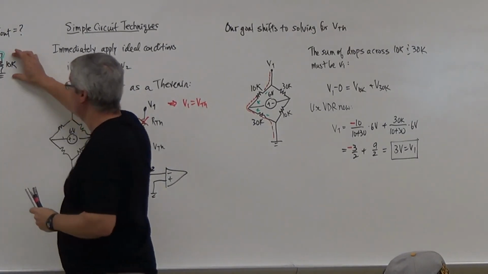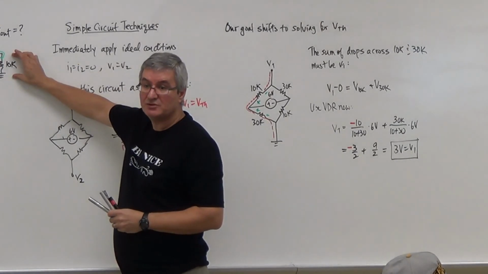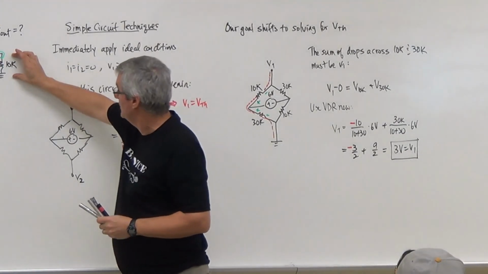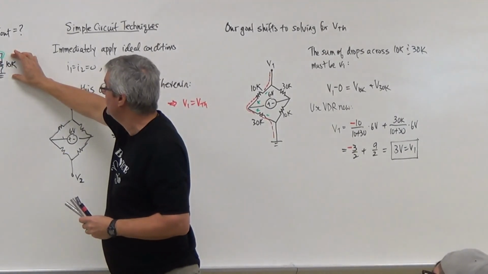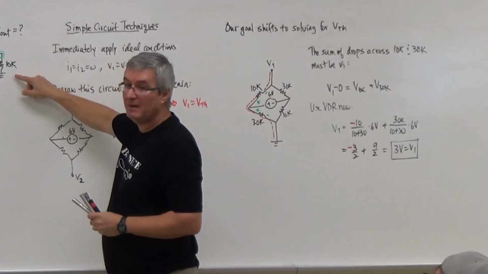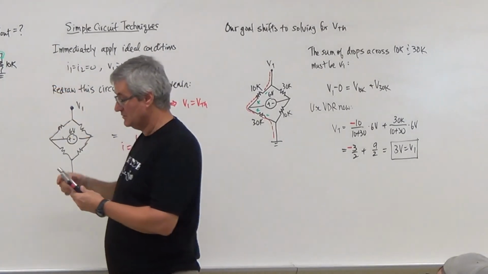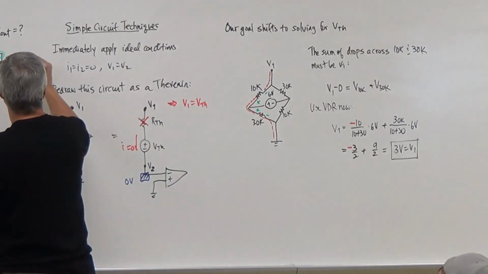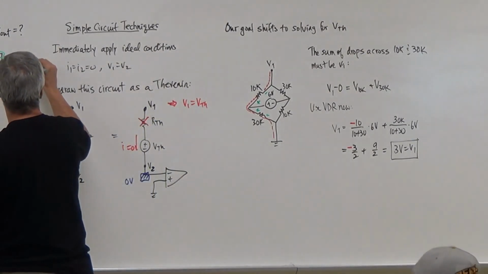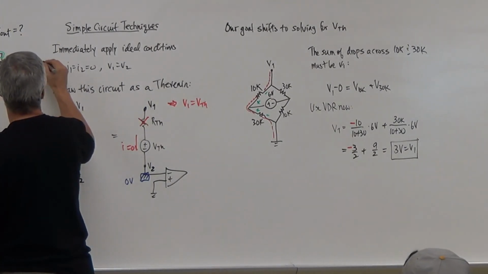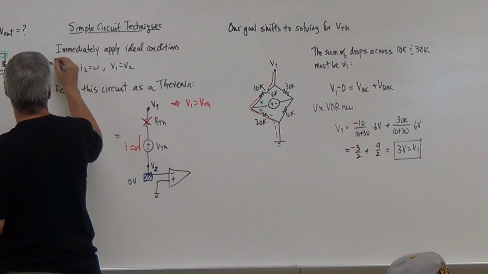So then the 10K has a 3 volt drop, so what's the current here? Well, the current here has to be 3 divided by 10, so it's got to be 1/3 of a milliamp. So that means this current here has to be 3 over 10K, which will give me 1/3 of a milliamp.